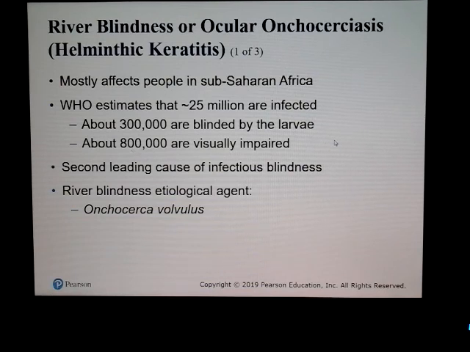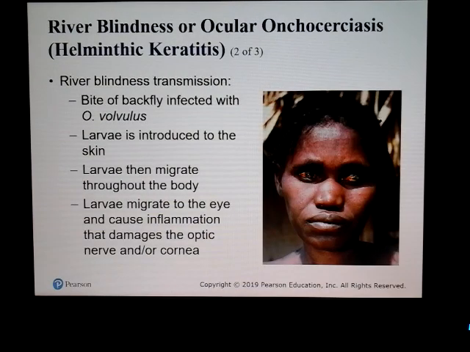So this is the second leading cause then of infectious blindness. And this person here, if you take a look, how red the eyes are, there's some cloudiness on the iris and of the cornea here. A very bad situation, a lot of nerve damage and optic and corneal damage here.